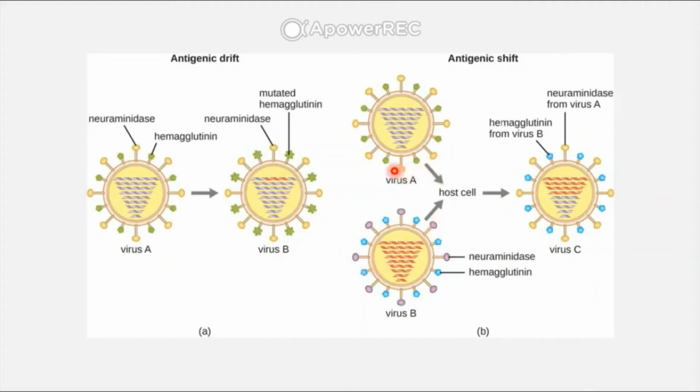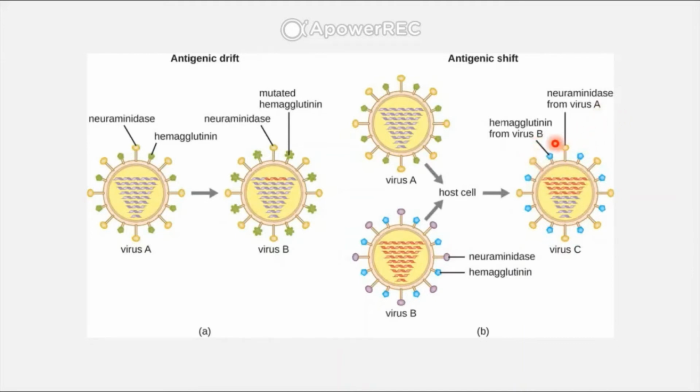In this example, we're just using two, virus A and virus B. You can imagine that maybe both of these viruses infect a host cell at the same time, and during the process of creating a new virion, the nucleic acids from both of these organisms get mixed up and create one which has a mixture of virus A's nucleic acids and virus B's nucleic acids, some of which may code for different neuraminidases or hemagglutinins.